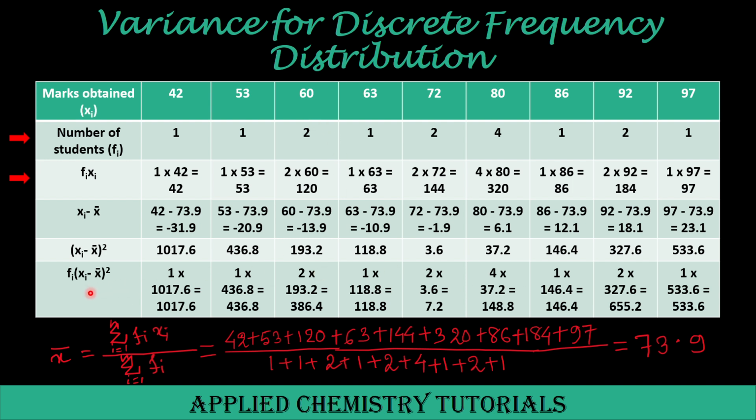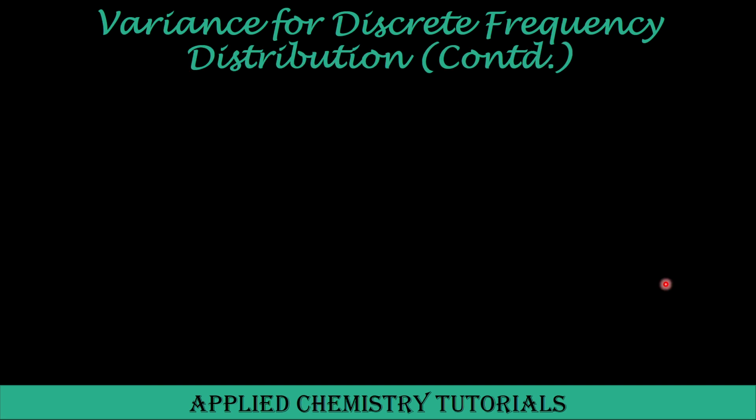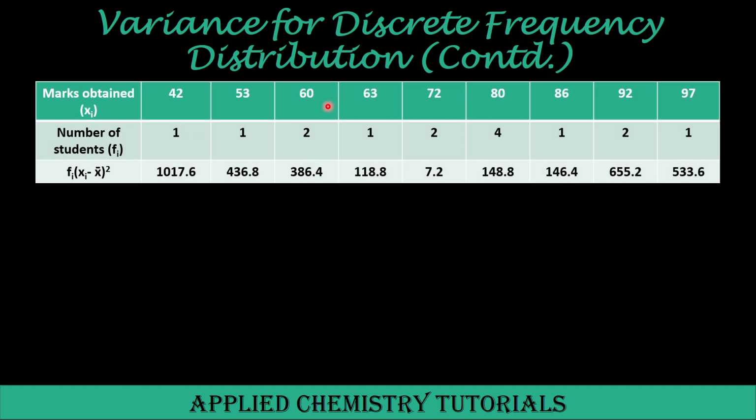Similarly, we can calculate all the fi multiplied by (xi minus x bar) whole square terms. After calculating all these terms, we can put them into the table. So marks obtained, xi, are shown in row 1, fi in row 2, and all the fi multiplied by (xi minus x bar) whole square terms in row 3.